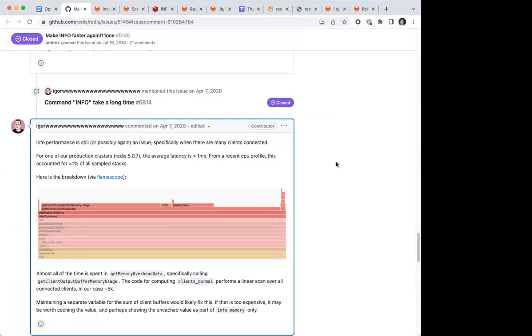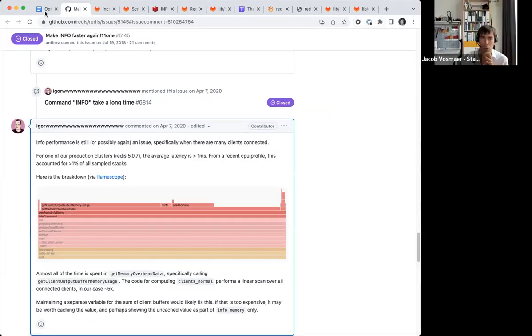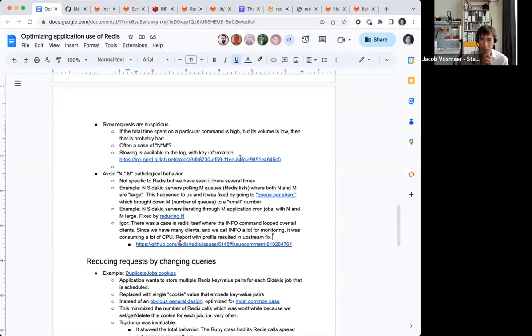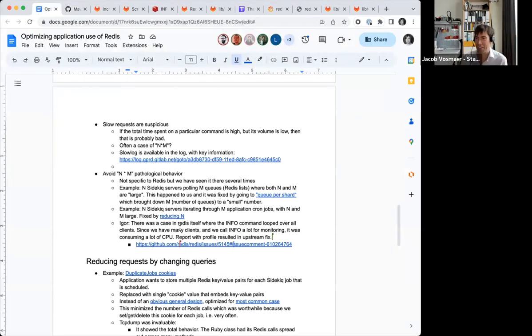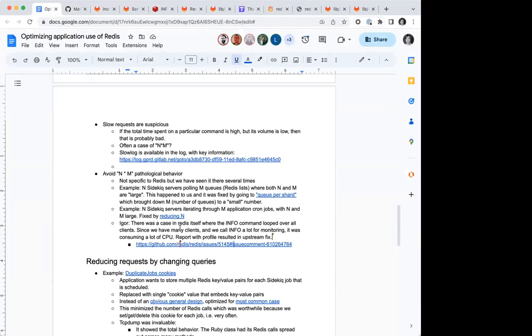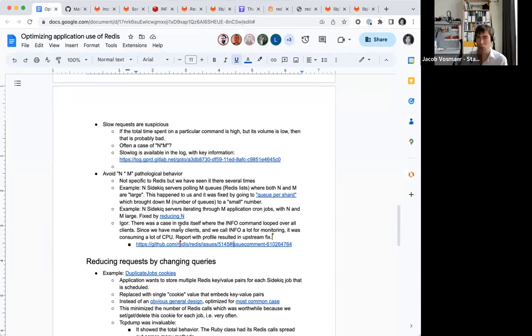But it was a nice fix in Redis upstream itself that our report was able to facilitate. So what were the N and M in this case? Clients times clients. A large number of INFO calls, and every INFO call went over the clients?